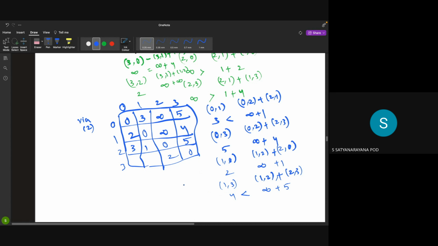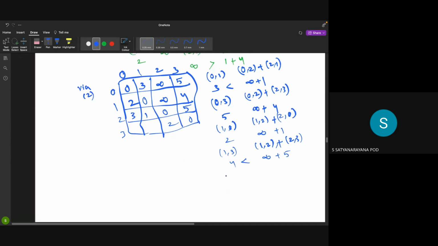And the next one is 3 to 0. Yeah, 3 to 0. We have two ways then: 3 to 2 plus 2 to 0. So this is infinite, 3 to 0. And 3 to 2 is 2, plus 2 to 0, it's a 3. So 5 is a better value, so we are updating 5.